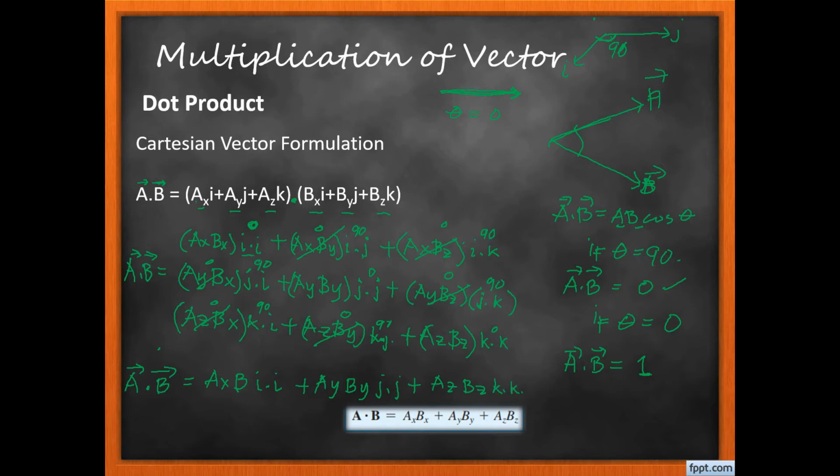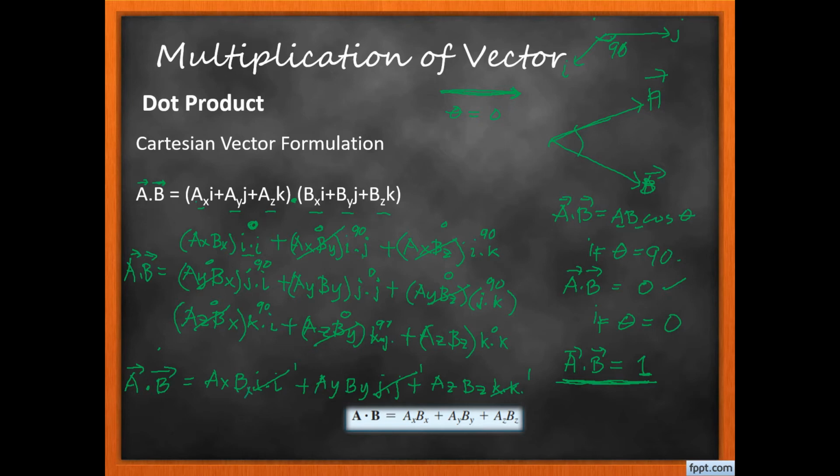And we know that kapag 0 yung ating degrees or yung ating angle between two vector, ang nakuha nating value ng dot product ng dalawang vector is equals to 1. So ibig sabihin, pwede natin i-equal yan sa 1, ito equal din natin yan sa 1, equal natin yan sa 1.